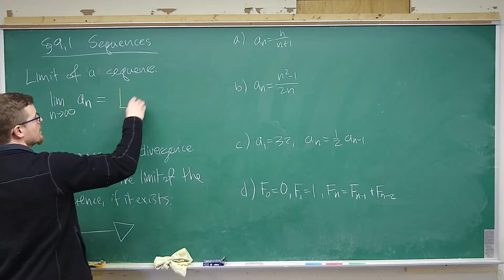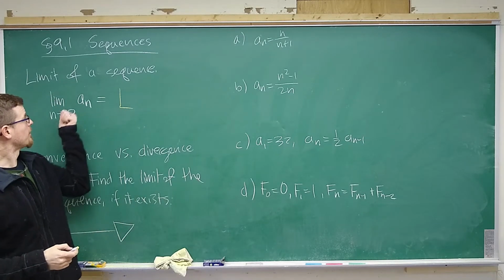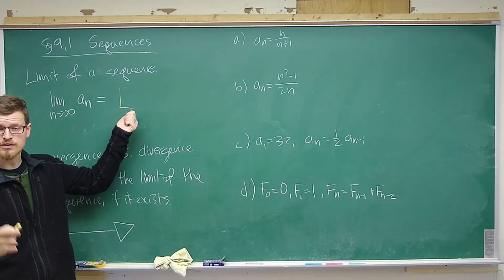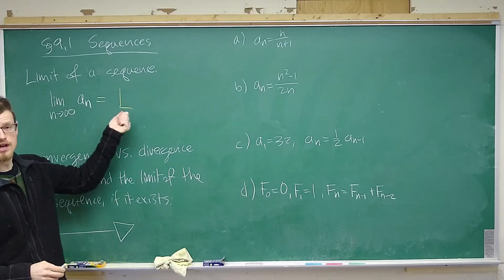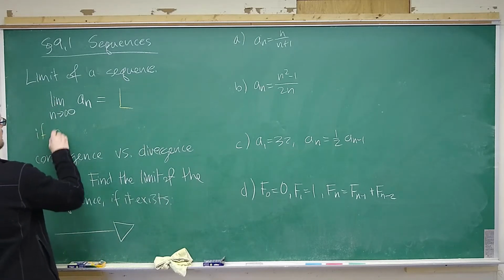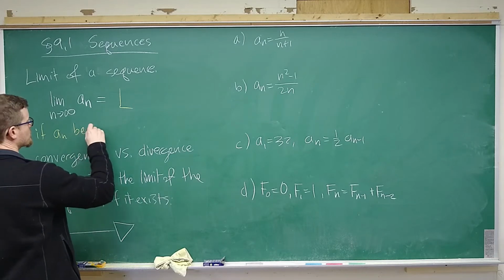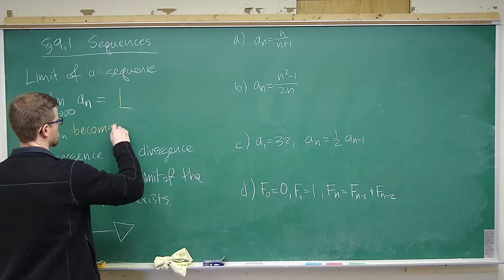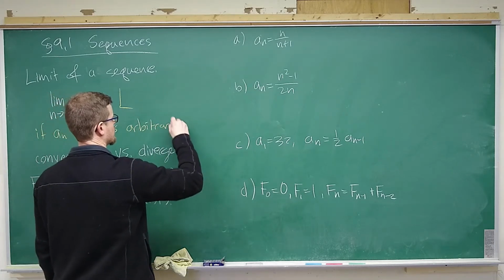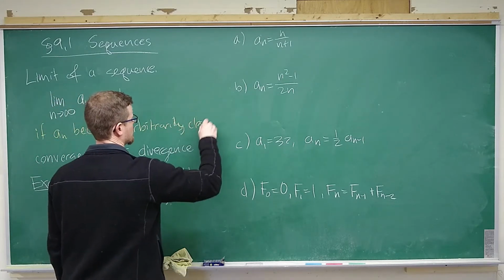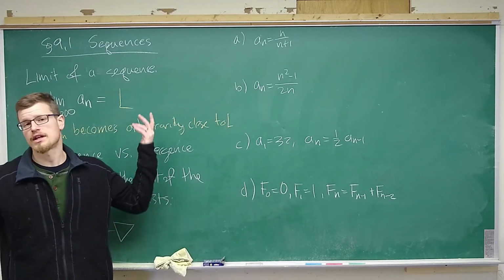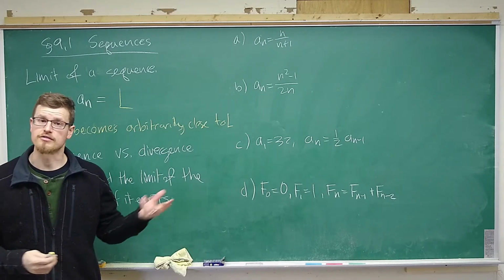We would say that the limit of a sequence is some real number L, so not positive or negative infinity, if a sub n becomes arbitrarily close to L.